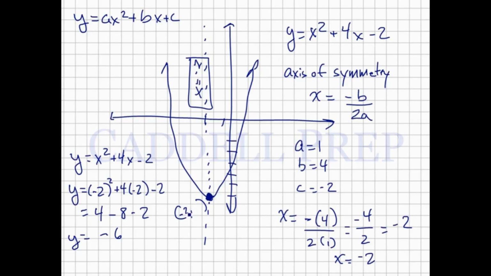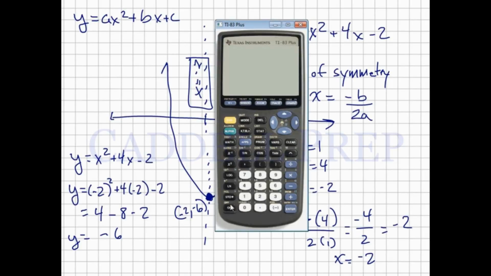So it's negative 2, negative 6. And if we look back at our calculator, we see that from the table we found it to be negative 2, negative 6, just like the point we calculated.